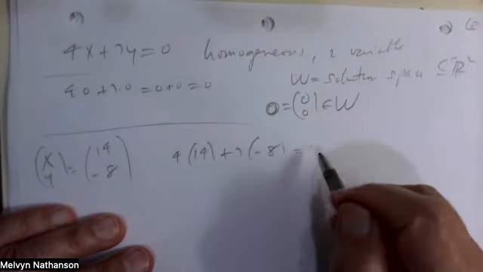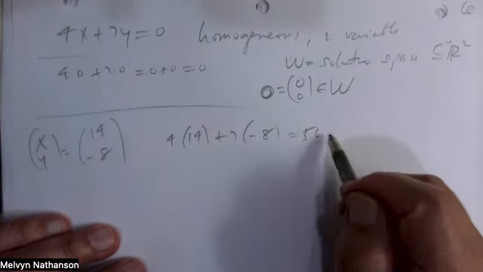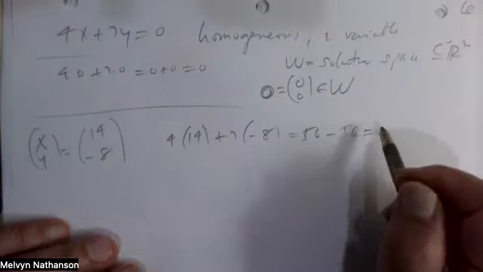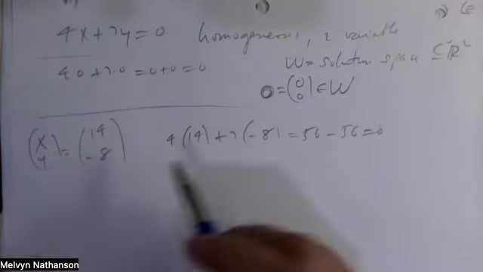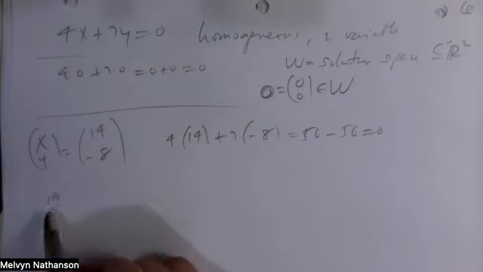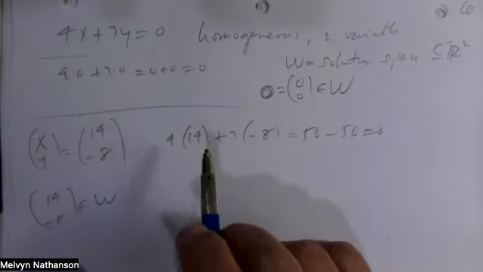What is that? 4 times 14 is 56. 7 times minus 8 is minus 56, so that's 0. So the vector 14, minus 8 is in W.